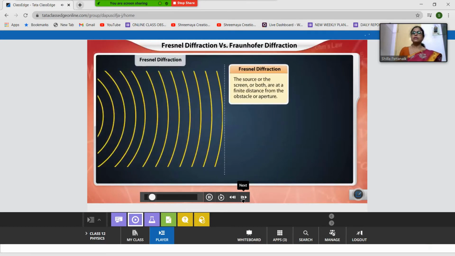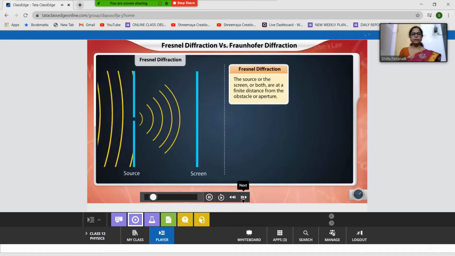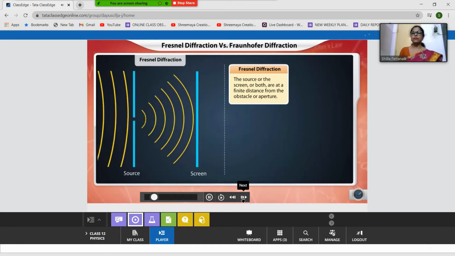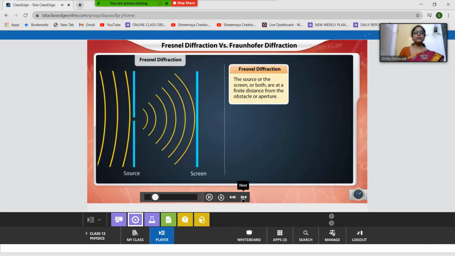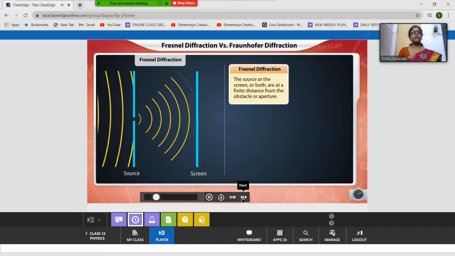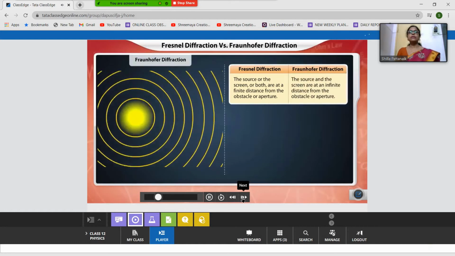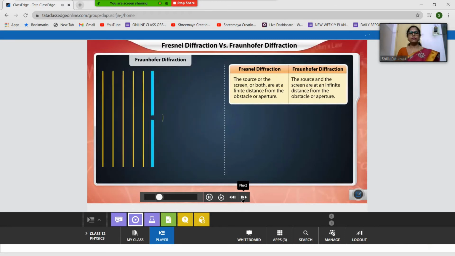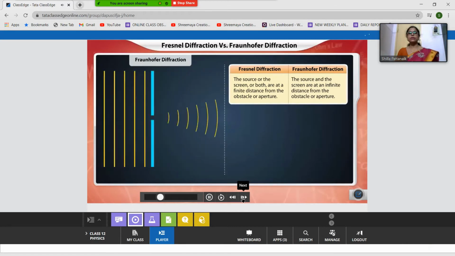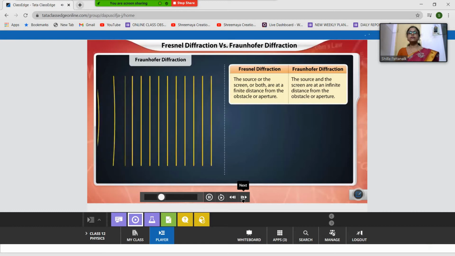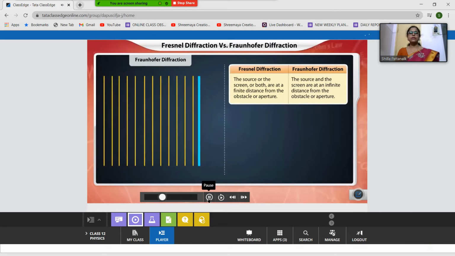Fresnel diffraction occurs when the source or the screen or both are at a finite distance from the obstacle or aperture. Fraunhofer diffraction occurs when the source and the screen are at an infinite distance from the obstacle or aperture.